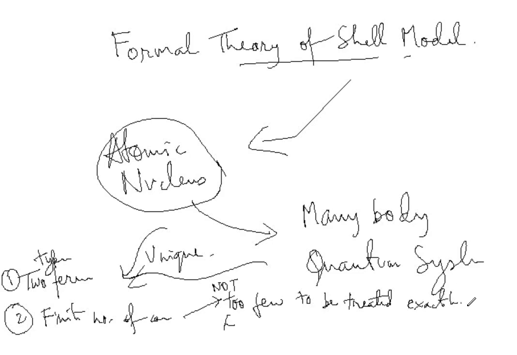Similarly, on the other hand, it is not too large to be treated statistically. Right. So this is what we have to deal with. So basically we have got a quite complex system to describe.